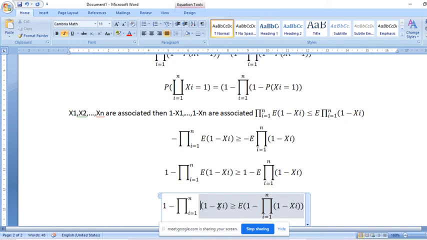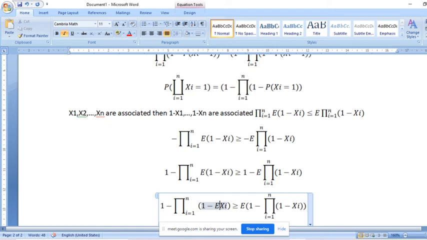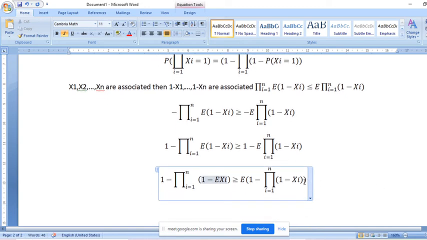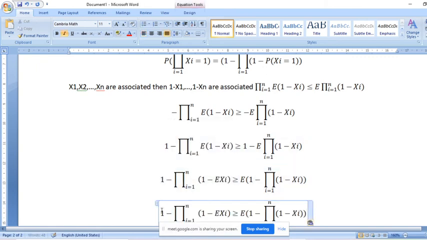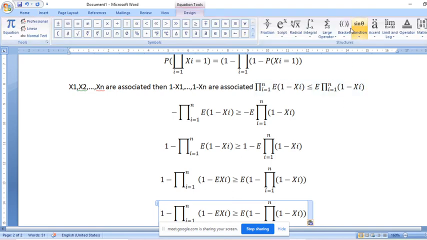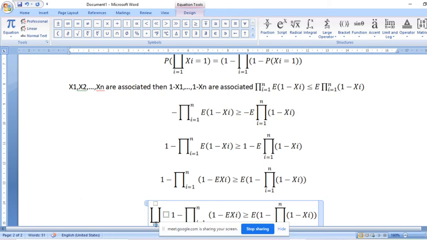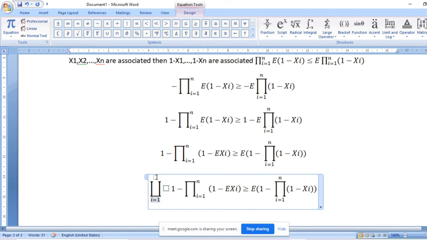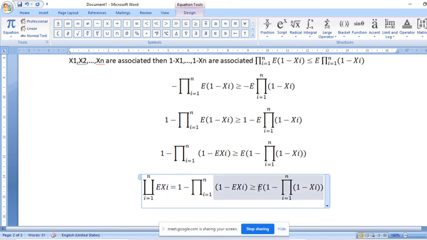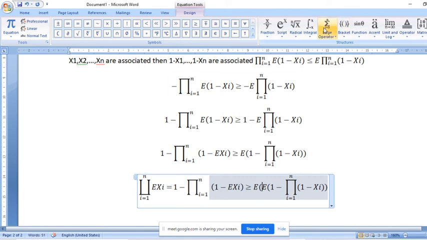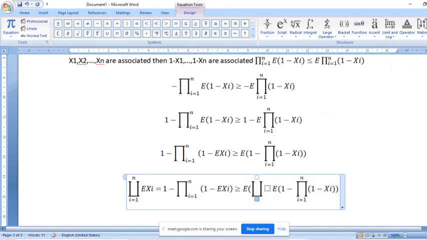What will be the result? Okay, so this is exactly union of expectation of xi, union i equal to 1 to n of expectation of xi, and this is exactly expectation of... right. So thank you.